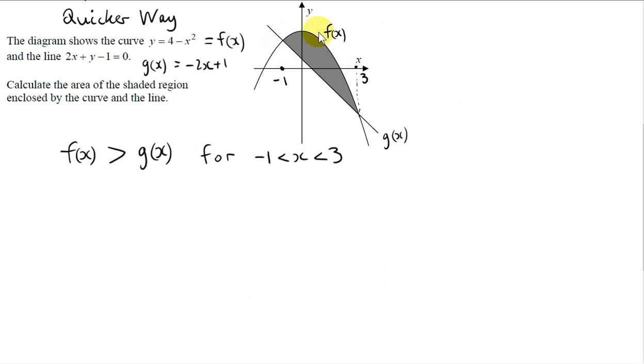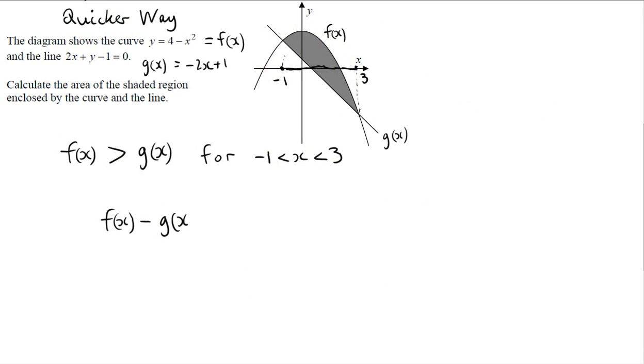Notice that the curve f of x is above the line g of x for values of x running from -1 to +3. Okay, f of x is greater than g of x for all values of x in here. The curve is above the straight line. So that means that f of x minus g of x is positive. Now actually f of x minus g of x will be the length of a vertical line at x.